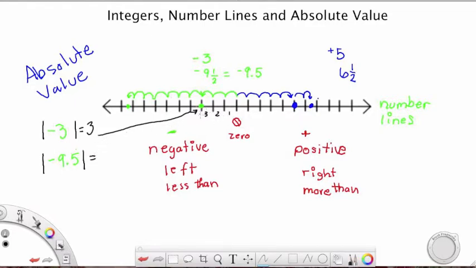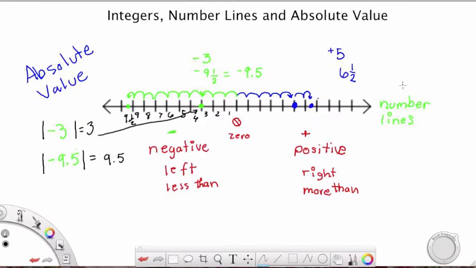We go 1, 2, 3, 4, 5, 6, 7, 8, 9, and kind of 9.5, which is 9.5. Once again, even though we're finding the absolute value of a negative number, its answer is always going to be positive. When you try to find the absolute value of anything, it's always going to be positive.